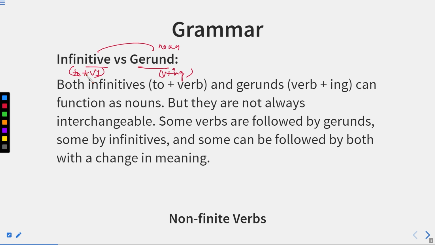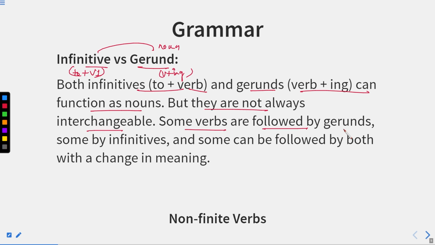So just to remove that confusion from our minds, I'm here to tell you some tricks so that you can easily interpret whether to use gerund or infinitive in a particular sentence. Both infinitives, that is to plus verb, and gerunds, that is verb plus ing, can function as nouns. But they are not always interchangeable.